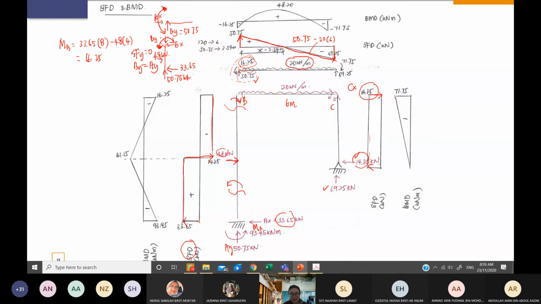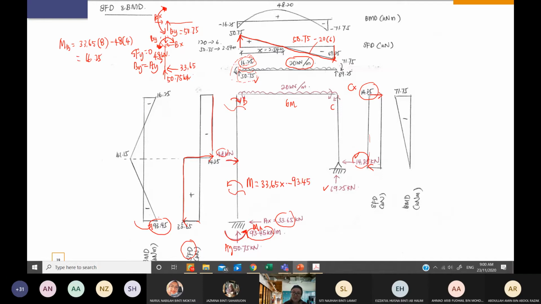For example, this 33.48. This is based on my positive sign. If I move in this direction, it means that I draw in this direction. Then for these moments, I'm going to try on AB for you. The moment I get is 33.65x minus 93.45.